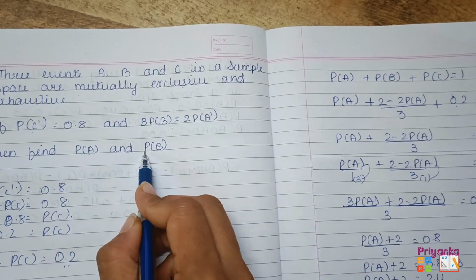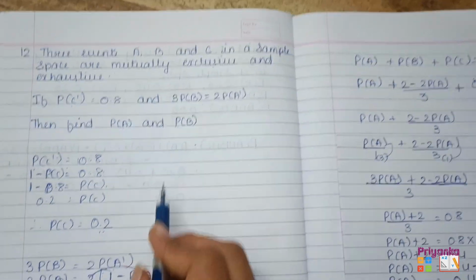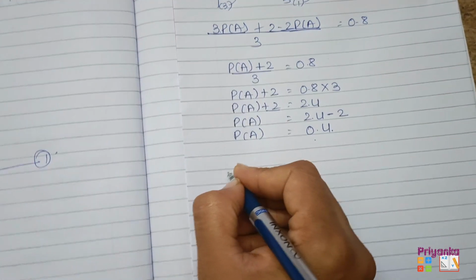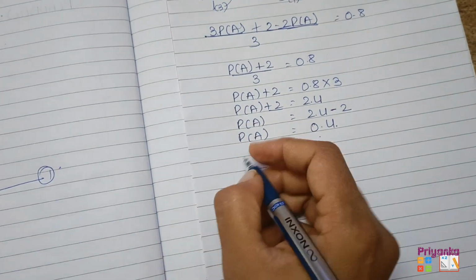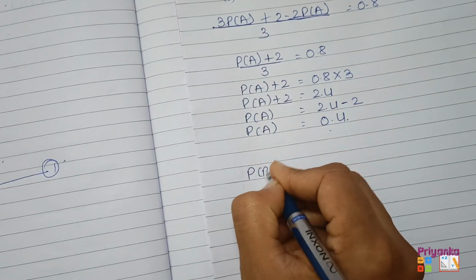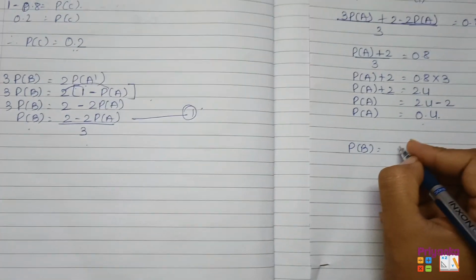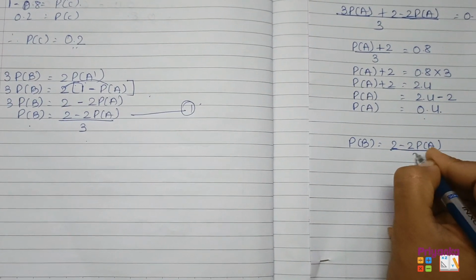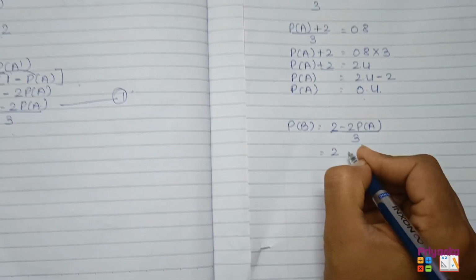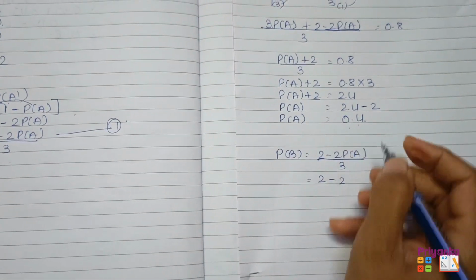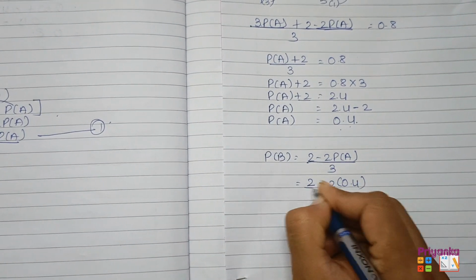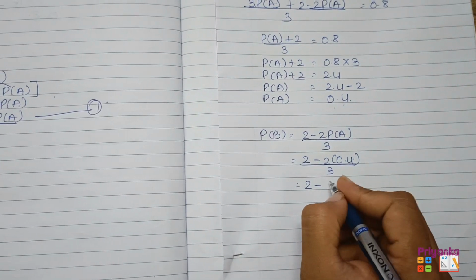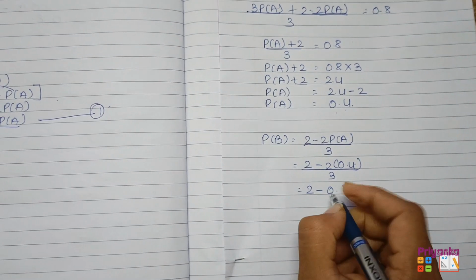The next is to find out P of B. For this, let's keep the same situation here by putting P of B equals, you can see here, 2 minus 2 P of A upon 3. 2 as it is, minus 2 P of A, just now we got the value, that is 0.4, divided by 3. 2 multiplied by 0.4 would be 0.8.